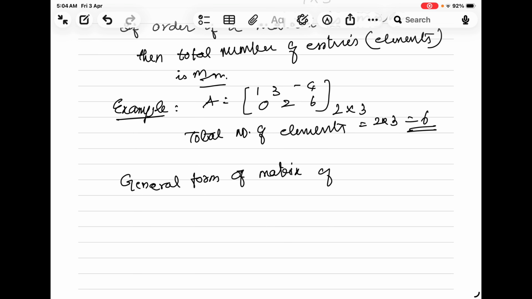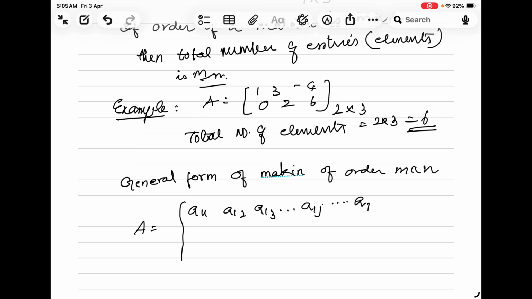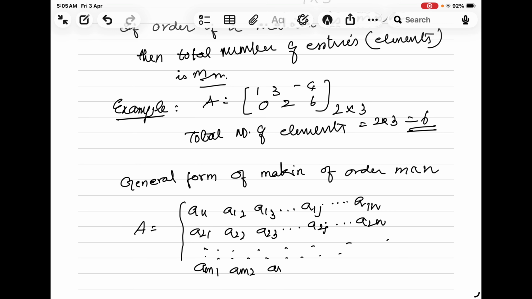Matrix of order m by n equal to matrix a11, a12, a13, etc., a1j, etc., a1n; a21, a22, a23, etc., a2j, etc., a2n; etc.; am1, am2, am3, etc., amj, etc., amn.